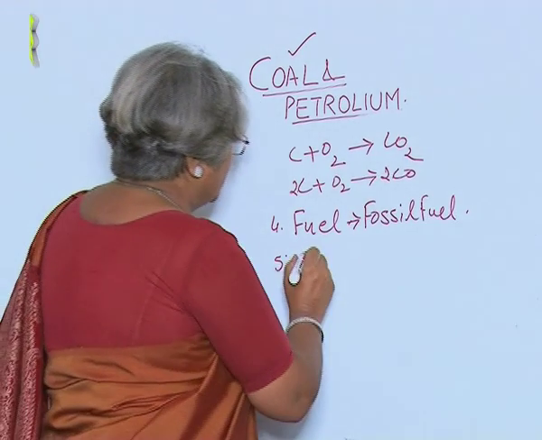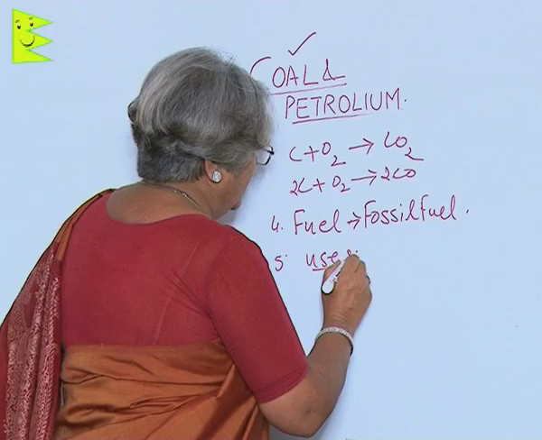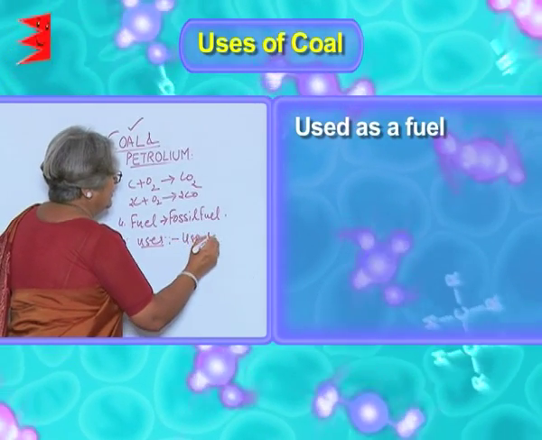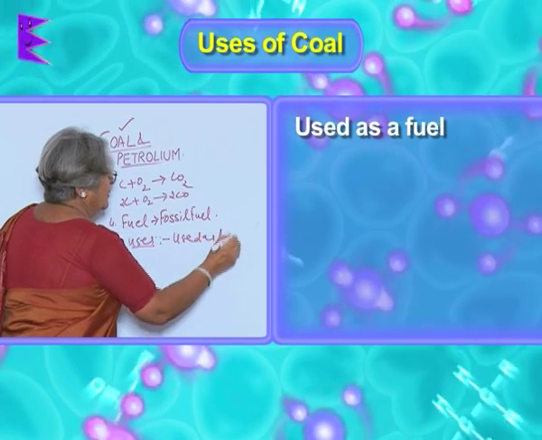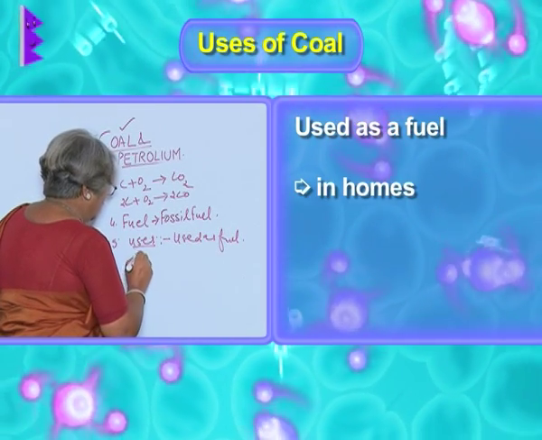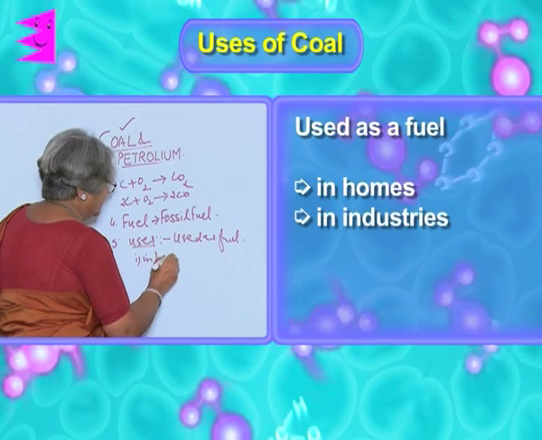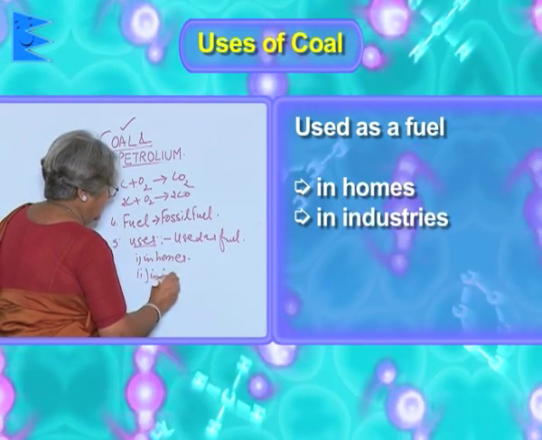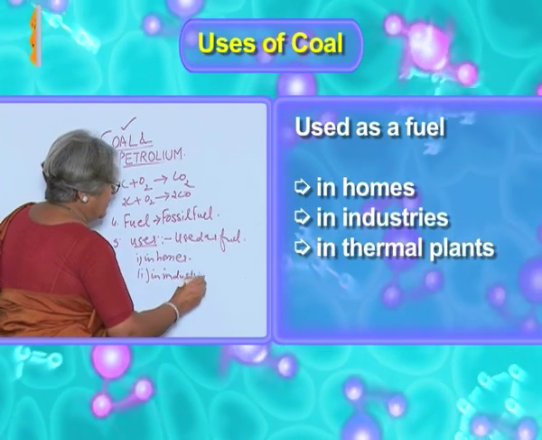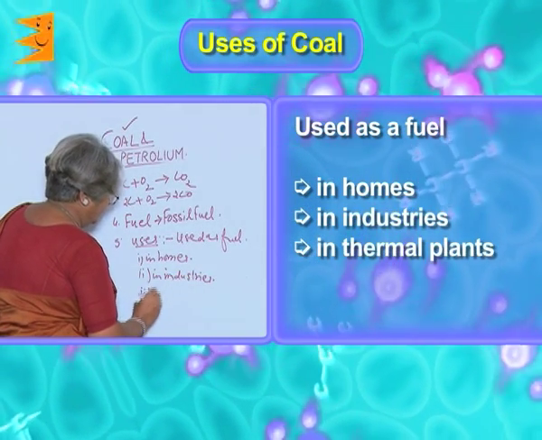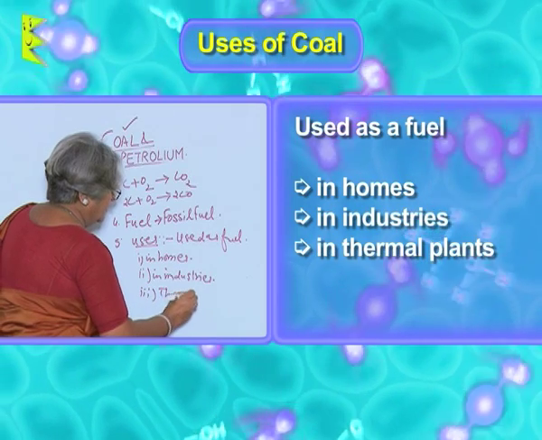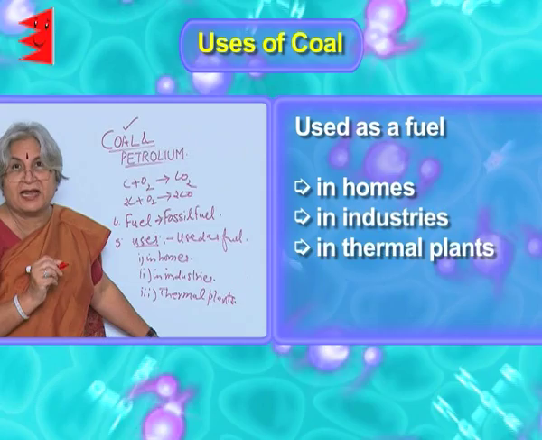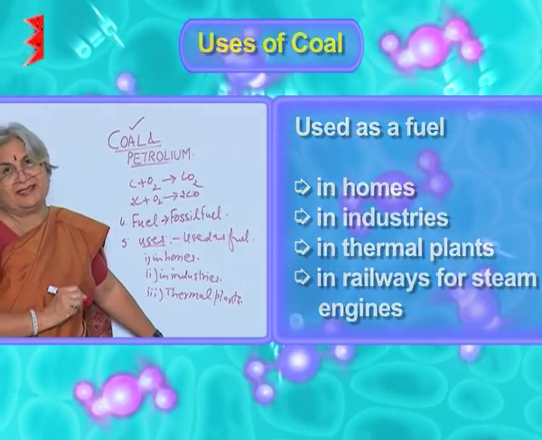So, what are the uses of coal? It is used as fuel in homes and industries, even in the thermal plants, and in olden times even for running the trains.